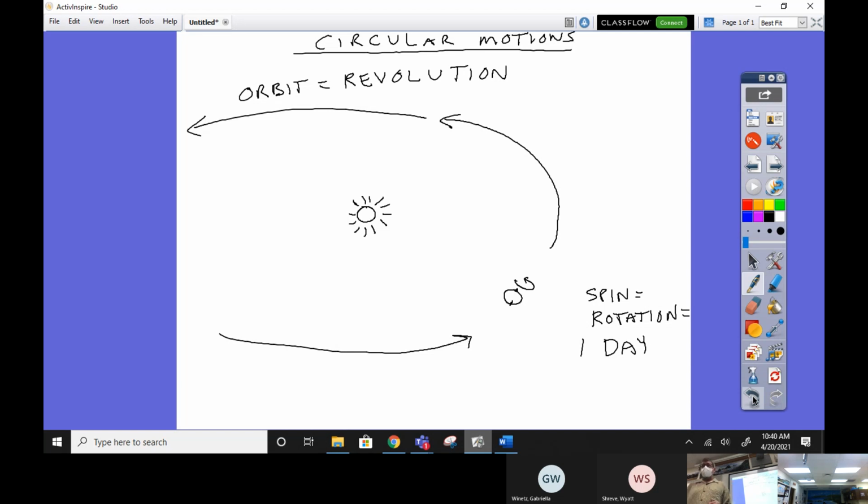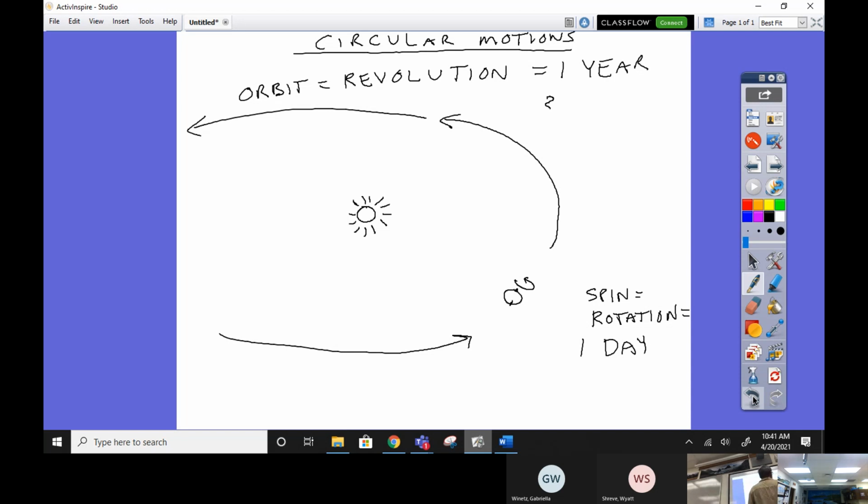So how long does it take for the Earth to make one circle around the sun? Takes a year, right? And how many days are in a year? Actually, let's be really accurate since we're talking about astronomy now.